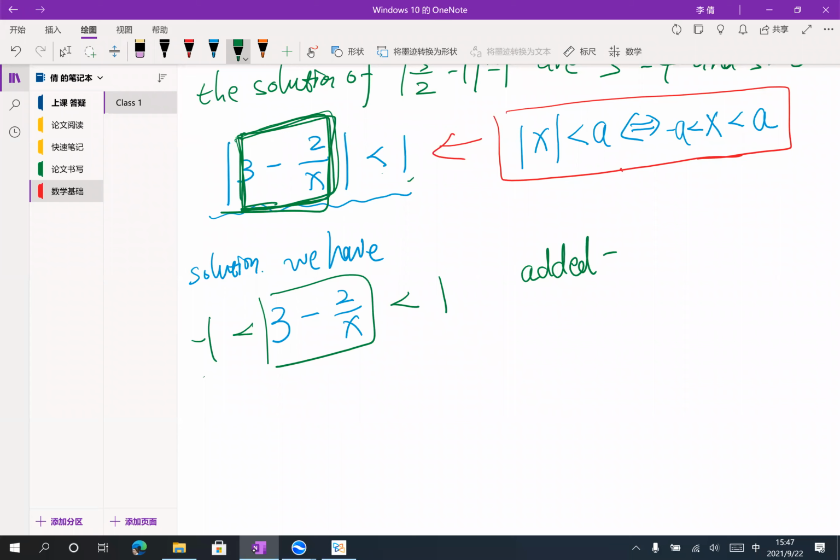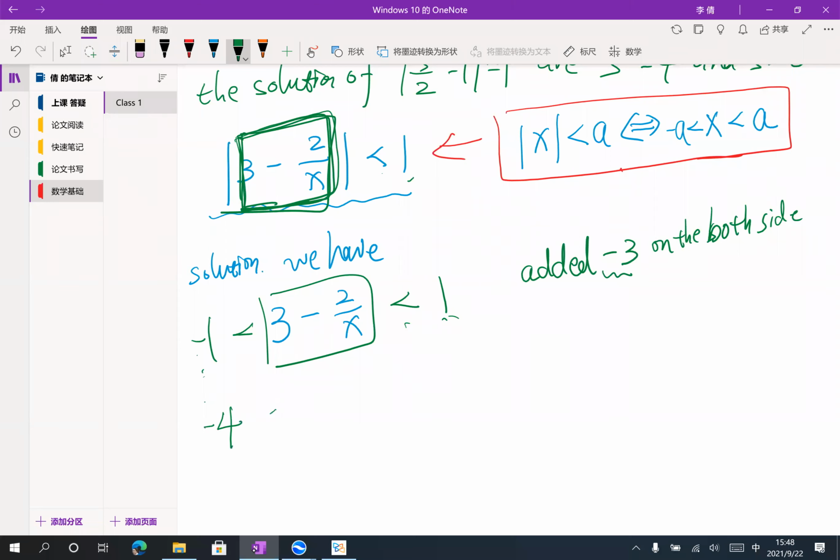we add negative 3 on both sides. We add negative 3, and then minus 1 plus negative 3 will get minus 4, right?